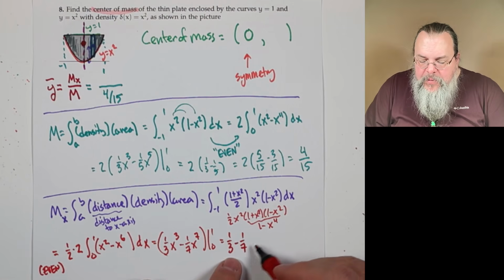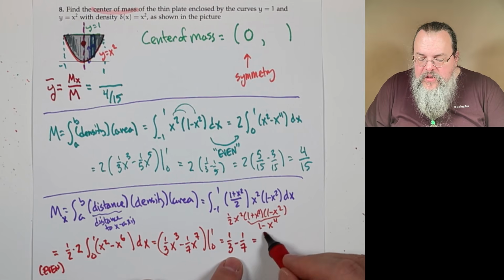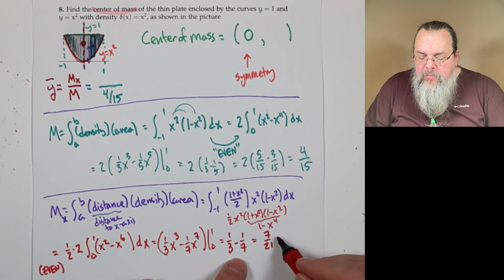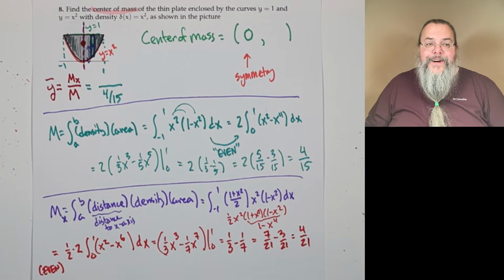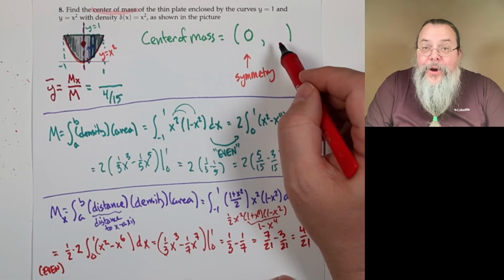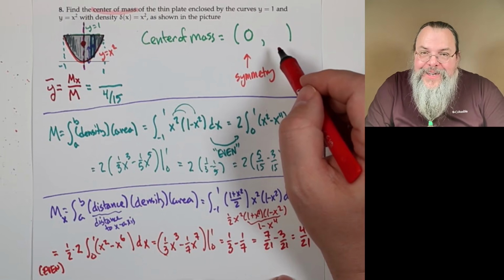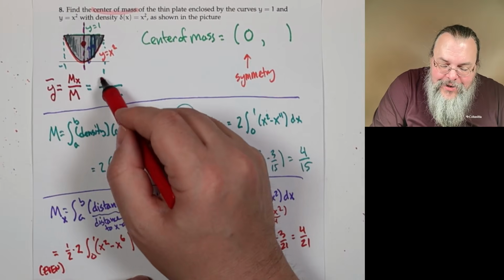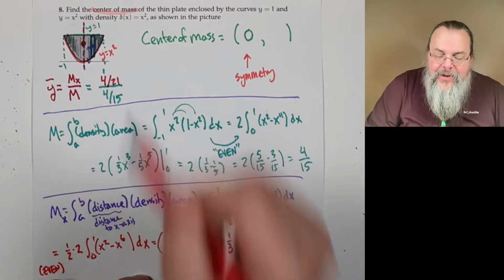A common denominator would be 21. 7 over 21 minus 3 over 21 gets you 4 over 21. So that is the moment. Now, does that go there? No, it goes here.